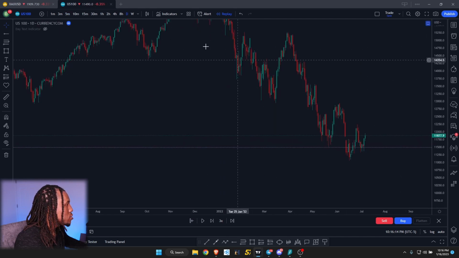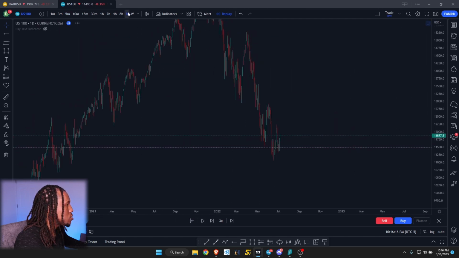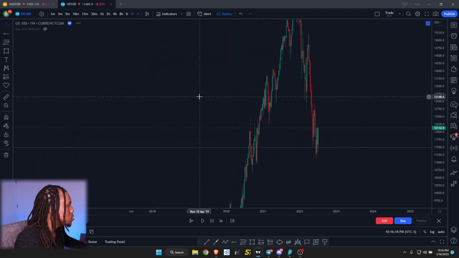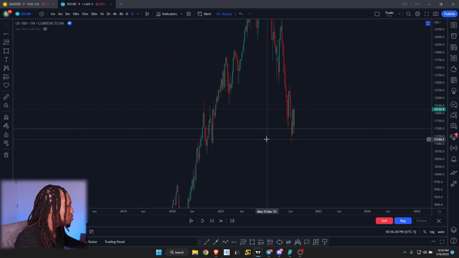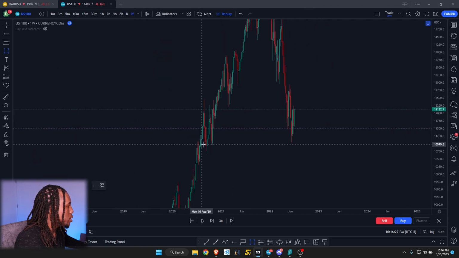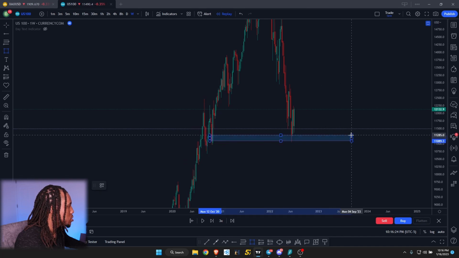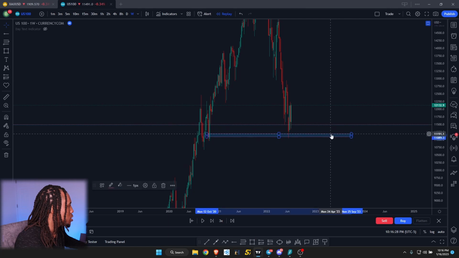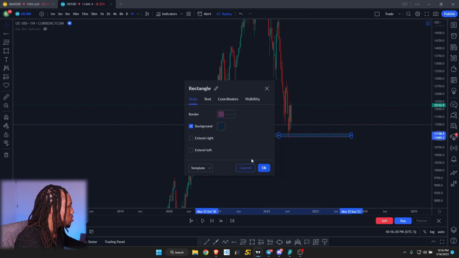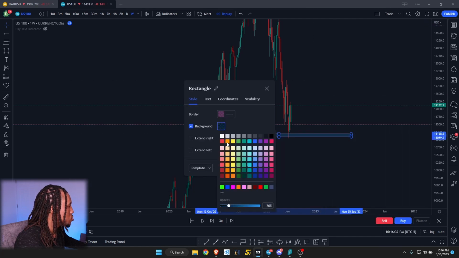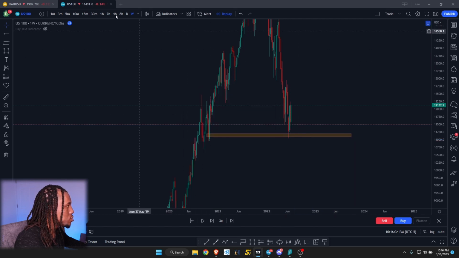Wonderful. All right, so on the daily, actually let's start with the weekly, quickly mark up some zones because this is what I would do. I do see a weekly level right here that price has come to before, right? Let's change it to gold or something like that.